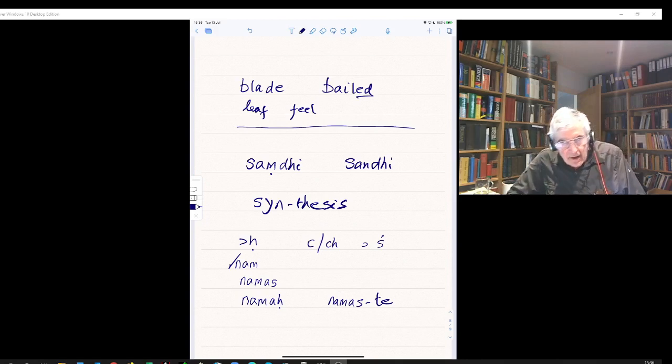Now, applying the sandhi, the final visarga becomes a sh before the cha. So vasami smaratascha. Vasami smaratascha. So I dwell and they too remember.